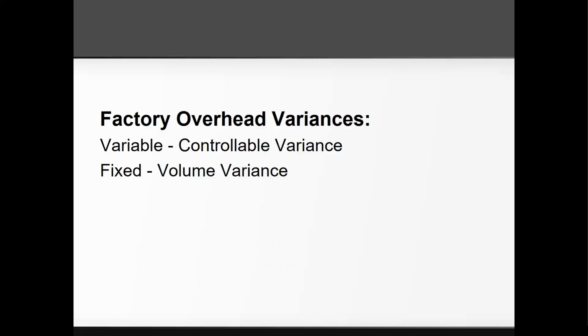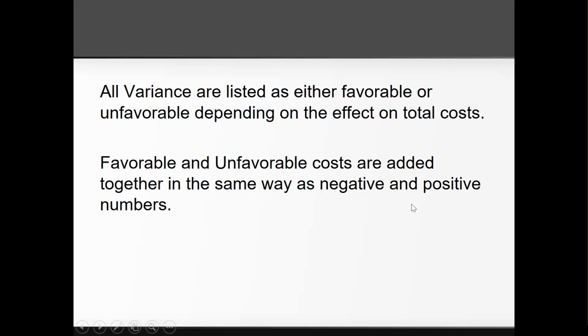All variances are listed as either favorable or unfavorable depending on the effect on total cost. So for example, if our materials price was higher in actuality than what we had budgeted for, that would be an unfavorable variance. Or if we use more quantity in actuality than what we had budgeted for, that would be unfavorable.